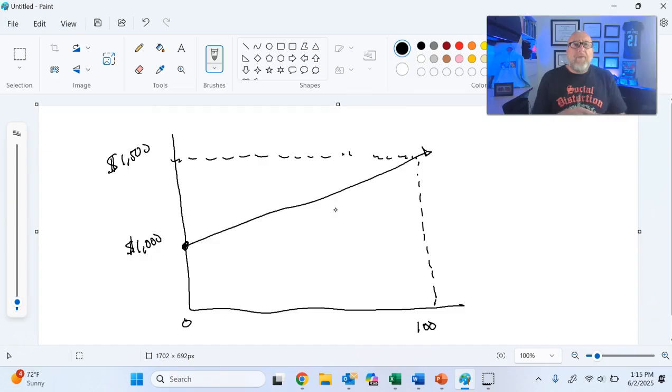It's the 1,000 base salary that he gets for showing up, and then $5 for every table times 100 tables. So $500 in variable cost and 1,000 in fixed. We refer to this as a mixed cost. It has both a variable component and a fixed component to it.